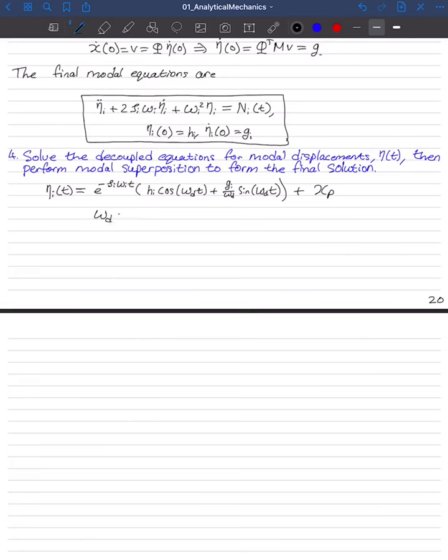And omega d is going to be equal to omega i times the square root of 1 minus zeta i squared.